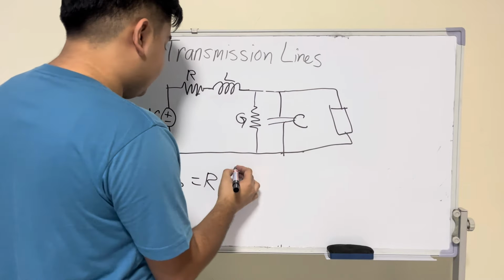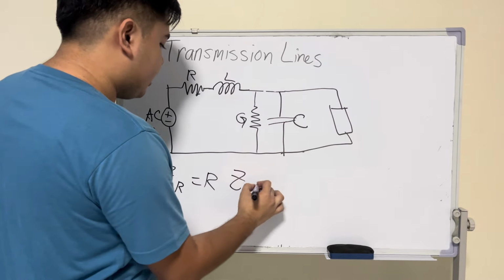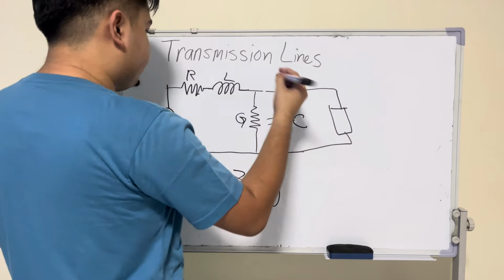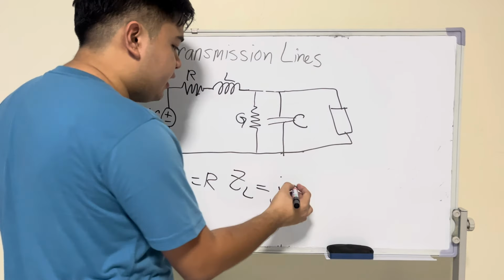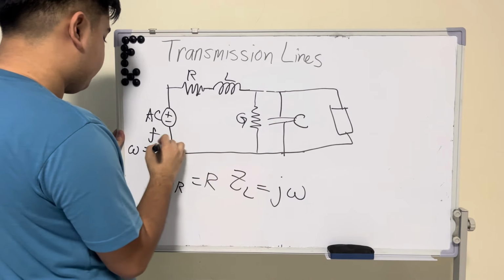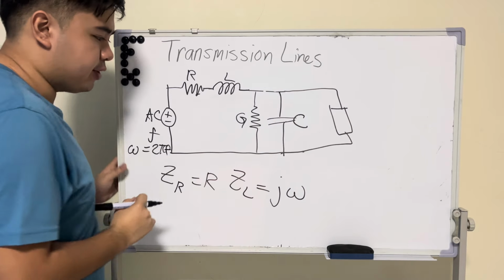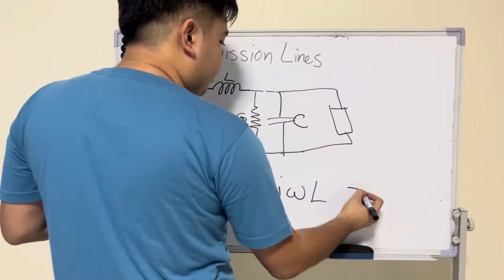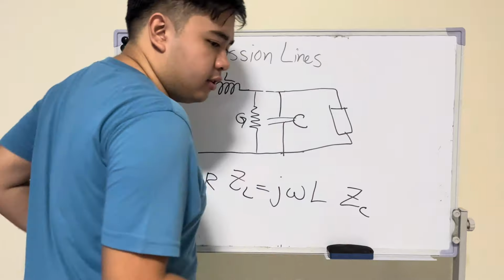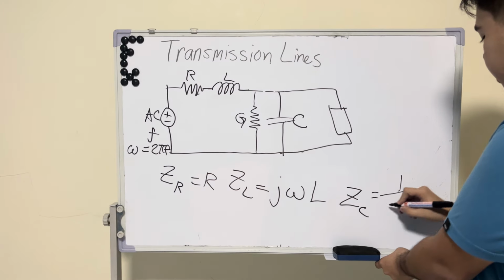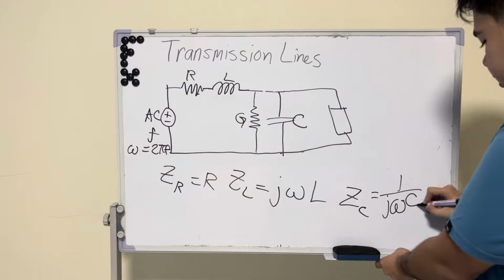The impedance of an inductor is j omega L, where j is the square root of -1, which is usually i, and omega is 2 pi f, the radian frequency. And the impedance of a capacitor is 1 over j omega C.